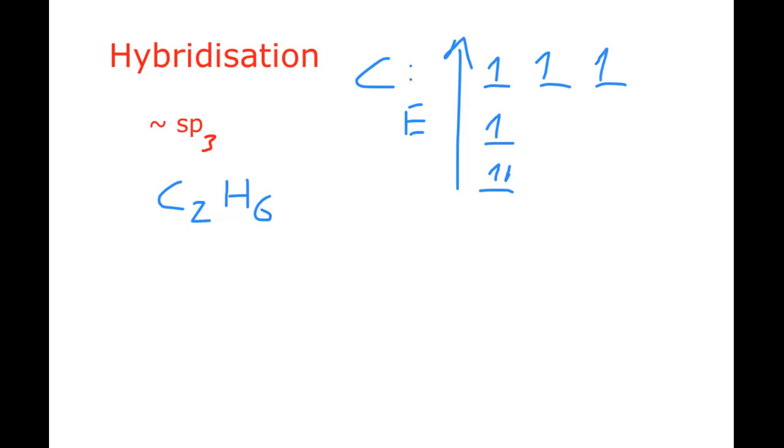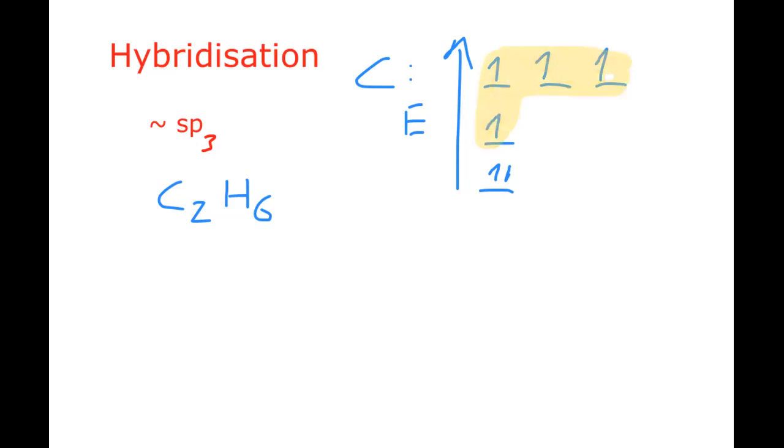Now in sp3 hybridization, what happens is these 4 orbitals combine together to form hybrid orbitals at an intermediate energy level.